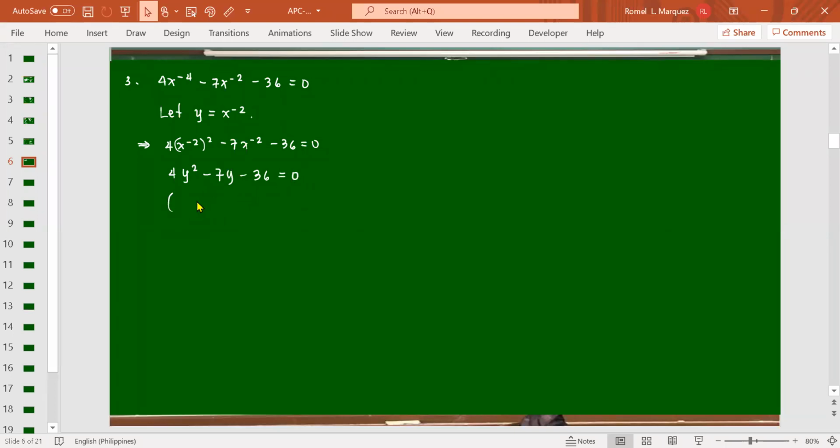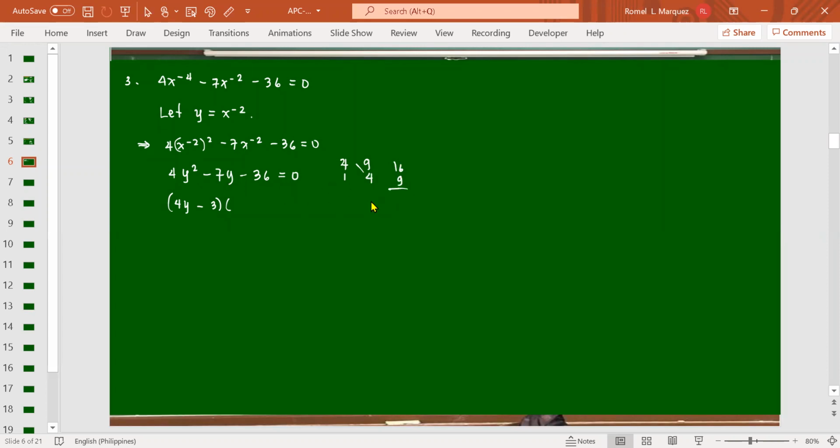So is it factorable, guys? So let's see. We have 4y minus, let's have 3. Let's check here. 4, 1, 3, 12, not 3, 12. I think it will not work. What about 9, 4? So this is 16. This is 9.